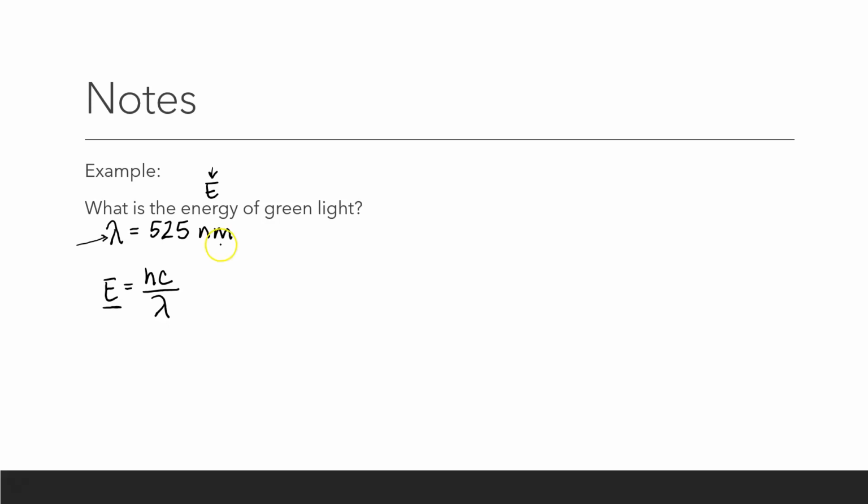The other thing we need to pay attention to is that all of the units are not derived, so we have to get rid of the nano. We wrote down, or were told, that nano means times 10 to the negative 9. We can substitute it in and then add meters at the end.